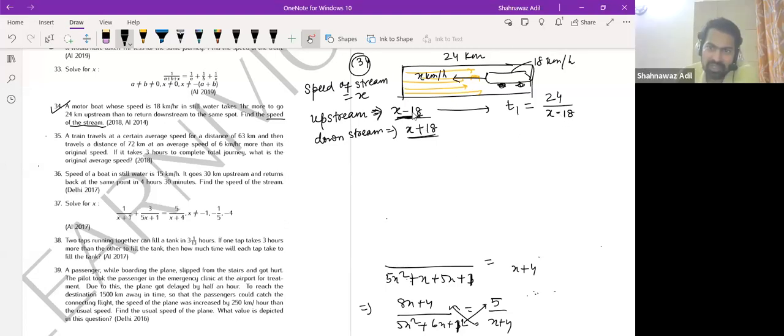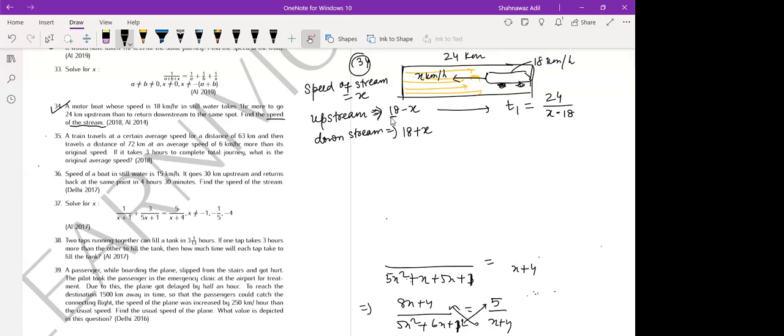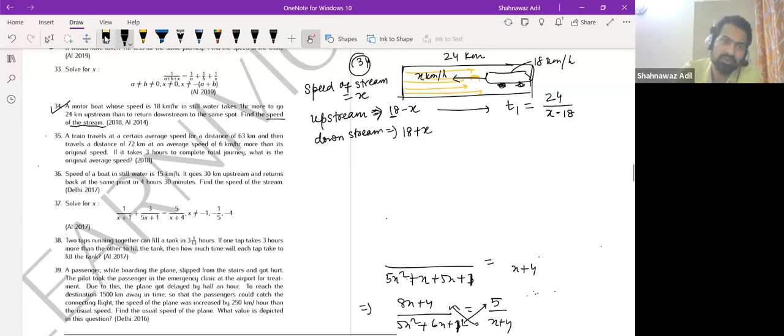Oh, did I write x minus 18? The speed is decreasing, right? So it should be 18 minus x, because the speed of the stream will reduce the speed of the boat. The boat was going with 18 kilometers per hour, but the stream reduces it, so from 18 it will reduce.